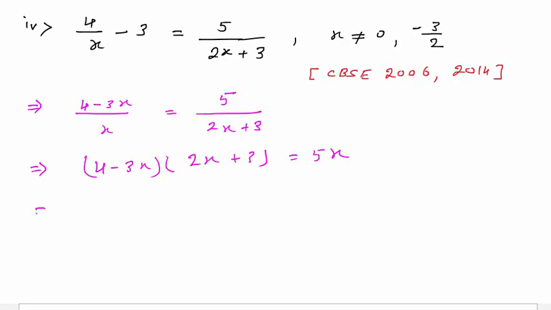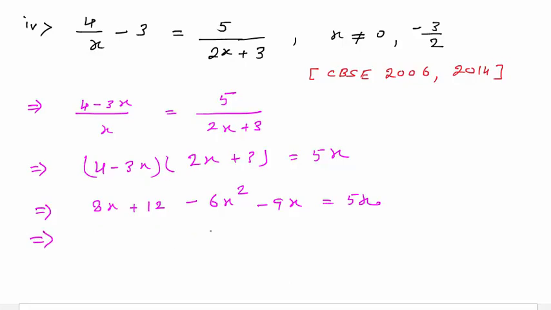Now I open the bracket. So after opening the bracket I have 4 into 2x is 8x, plus 4 into 3 is 12, minus 3x into 2x is 6x square, minus 3x into 3 is 9x, equal to 5x.